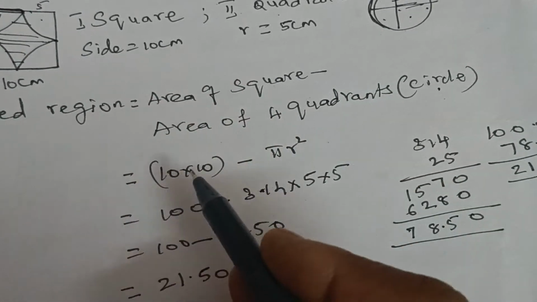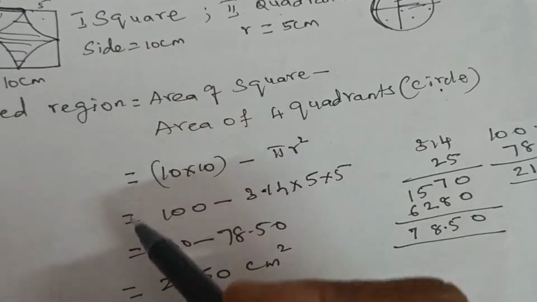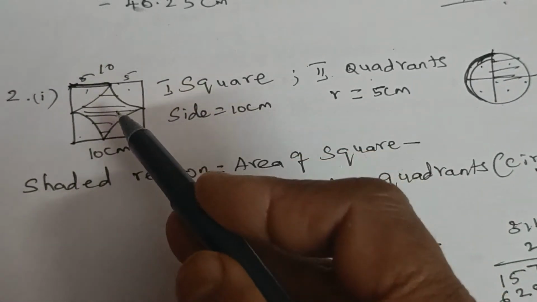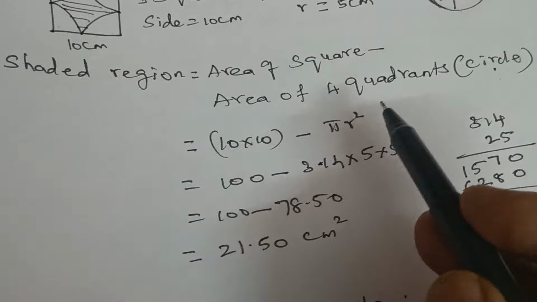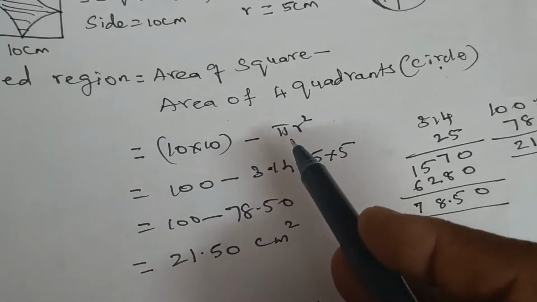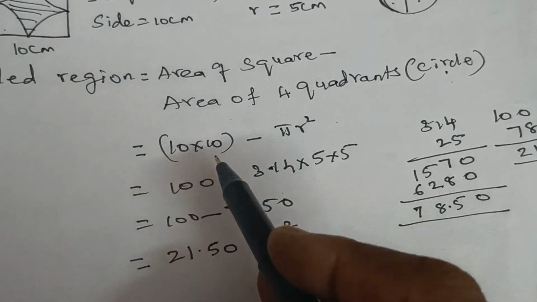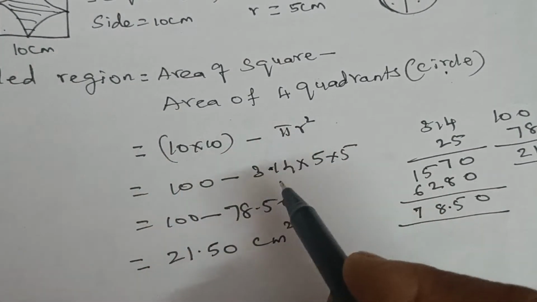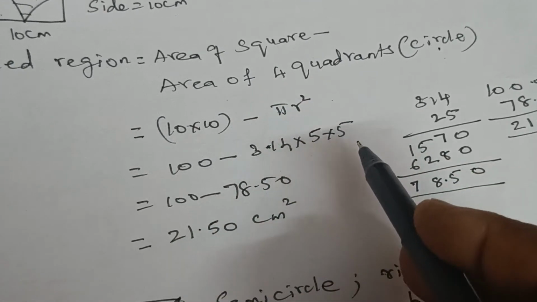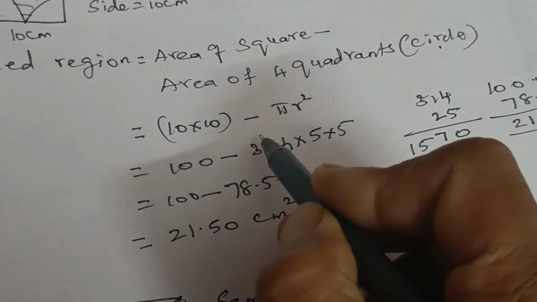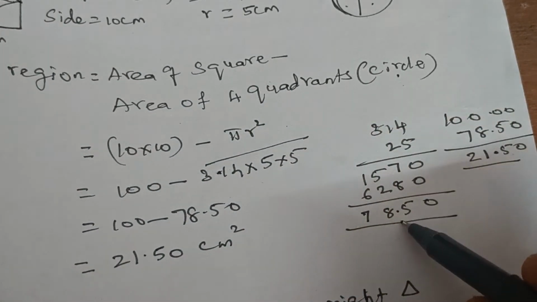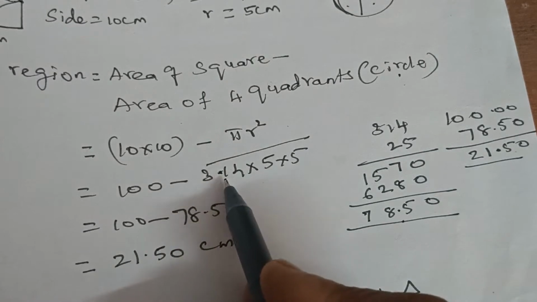So area of the square is side into side. How much is the side? 10 into 10. Minus, because the quadrants are inside the square, so it is subtraction. And area of the circle is pi r square. The pi value is given in the question as 3.14. So 10 tens are 100 minus 3.14 into 5 into 5. Now 100 minus, you multiply all these 3 numbers: 314 into 25. After multiplying, count 2 digits and put the point.